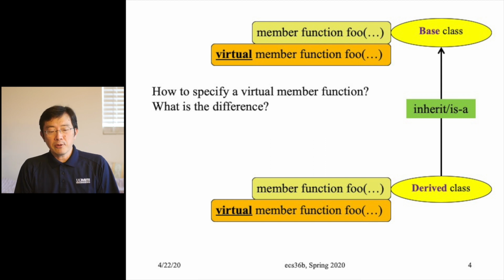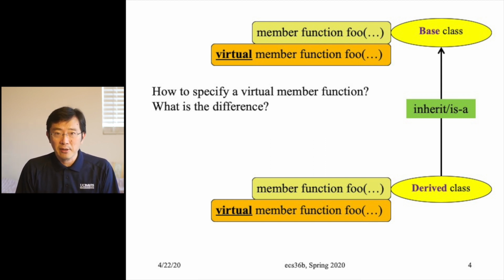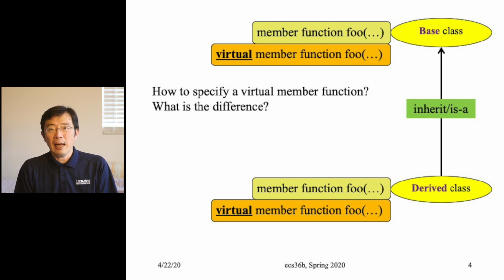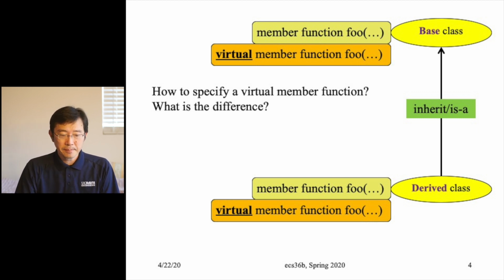But what we really want to study right now is, what is the difference when you have that virtual keyword, which makes foo a virtual function, versus when you don't have that and have just a regular member function? I want everybody to be crystal clear about that difference, then you can apply the concept appropriately.